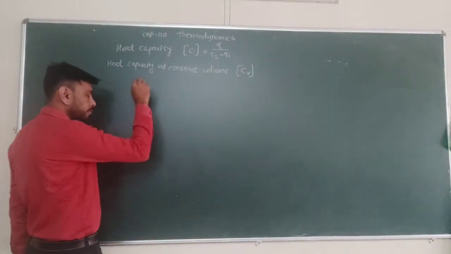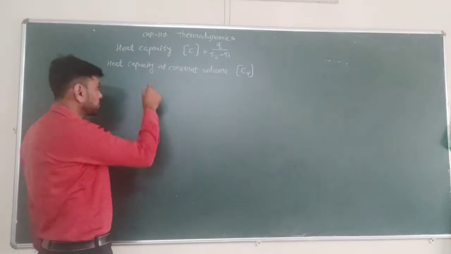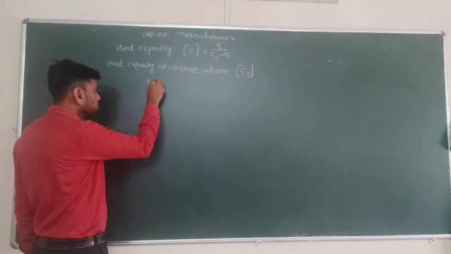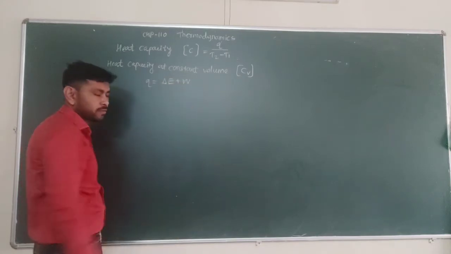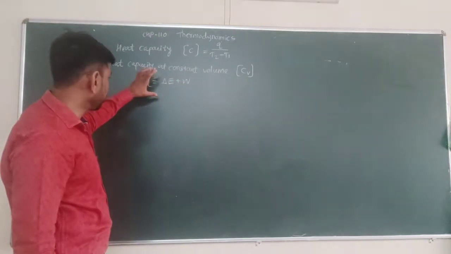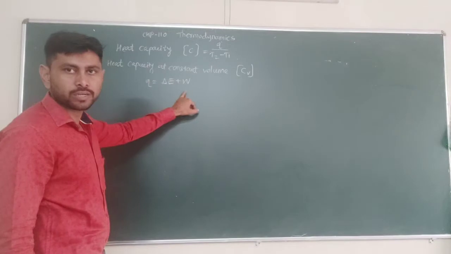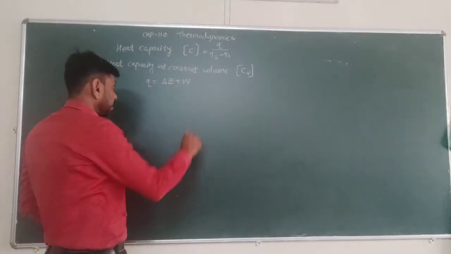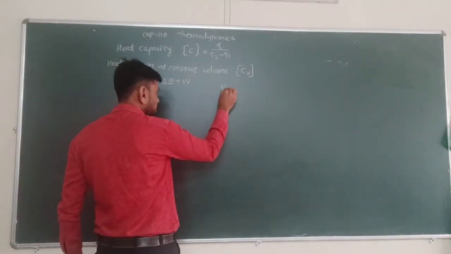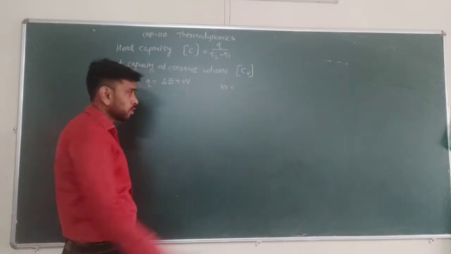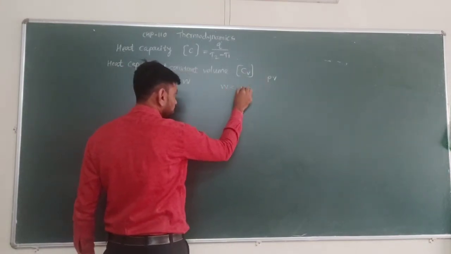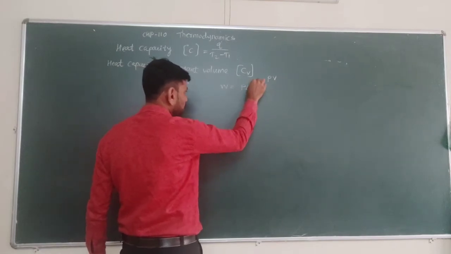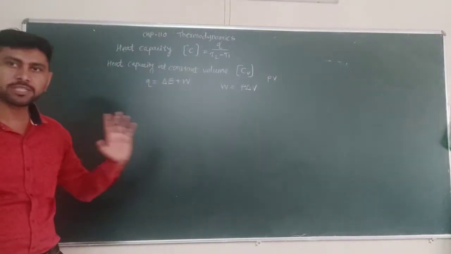Let's see the mathematical expression for the first law of thermodynamics. What is that? Q is equal to delta E plus W. In terms of pressure-volume type of work, W is represented as P delta V. Volume changes, pressure constant.